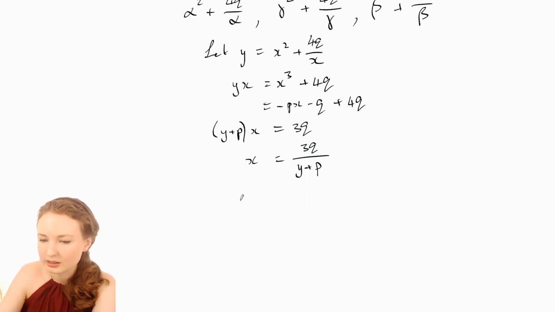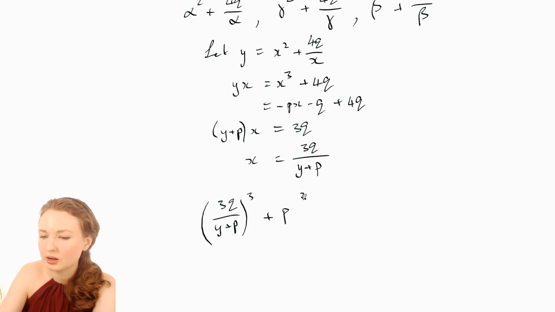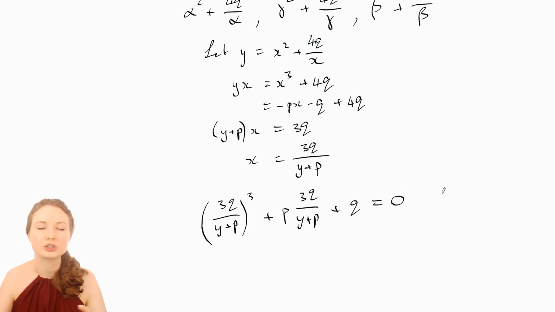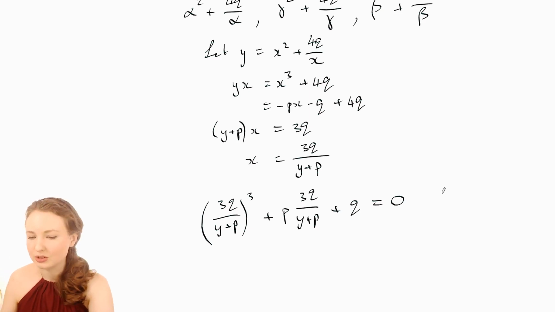So we can say 3q over y plus p cubed plus p times 3q over y plus p plus q equals 0. So now we just want to manipulate this until it turns into a nice cubic with y cubed plus something times y squared and so on. And then we can read off the constant term.